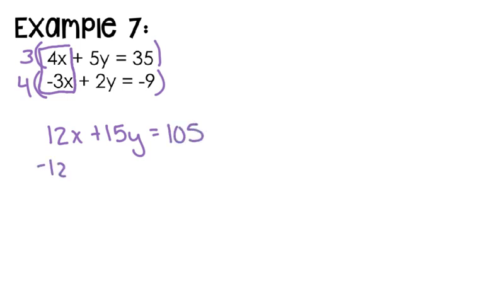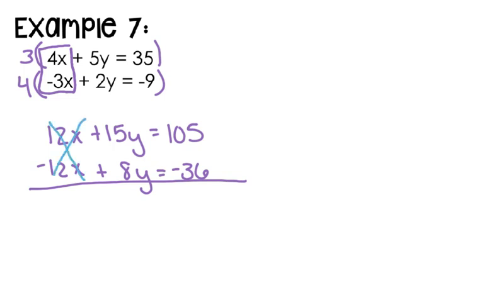Now we're going to get -12x plus 8y equals negative 36. So we should see that we're going to eliminate the x value, and then we're going to add 15 plus 8, and then 105 plus a negative 36.